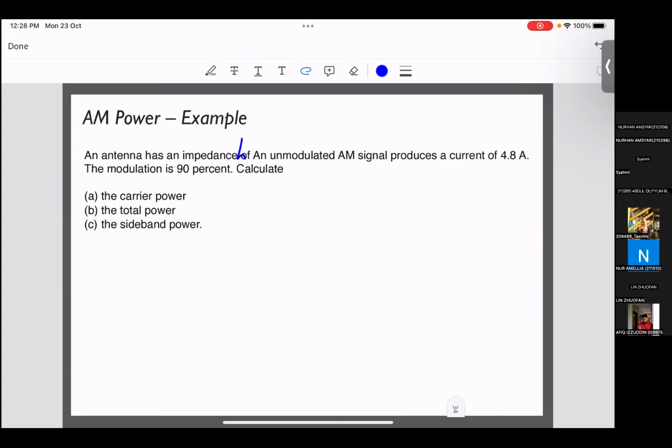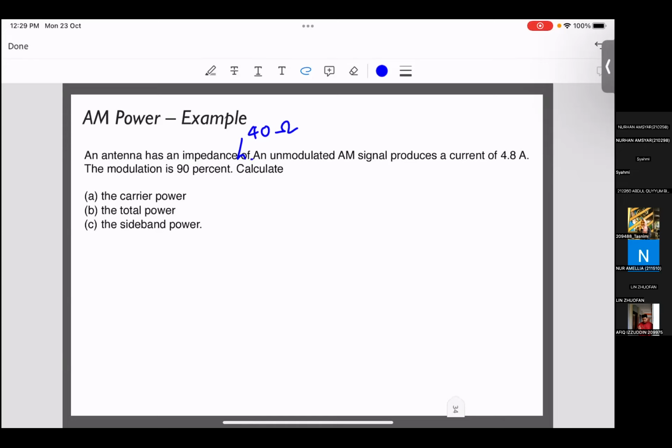This one is AM power example, okay, 40 ohms, 4.8 amperes.